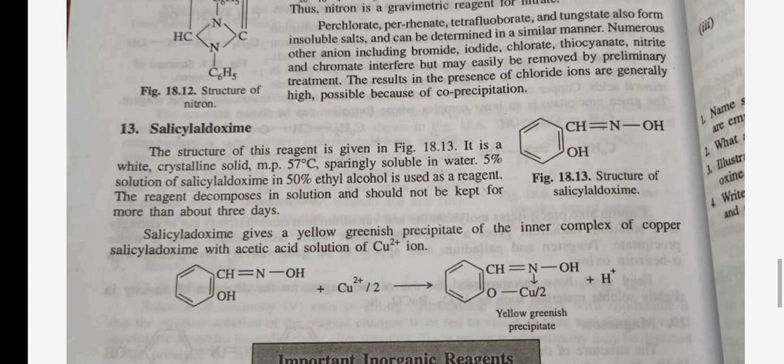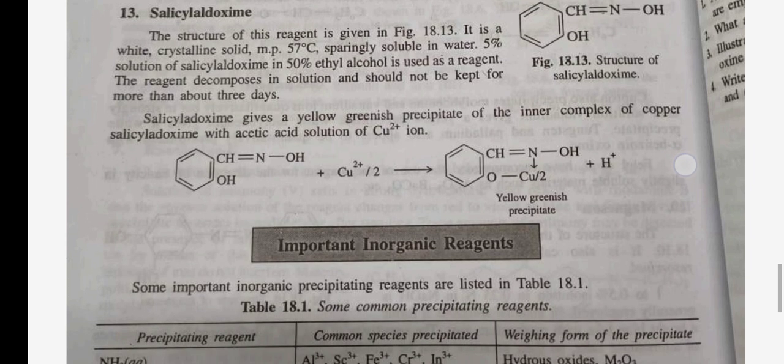The reagent decomposes in solution and should not be kept for more than about 3 days. It gives a yellow greenish precipitate of the inner complex of copper with salicylaldoxime in acetic acid solution of copper.